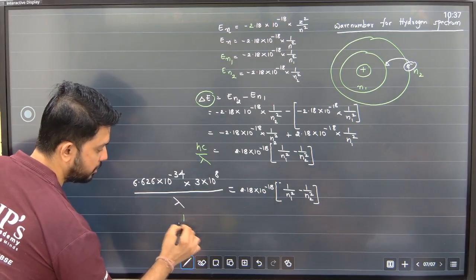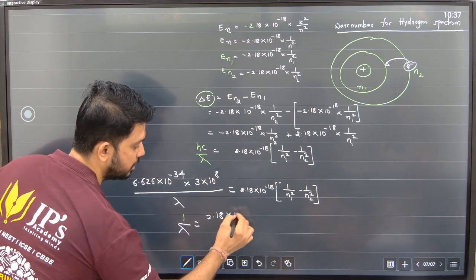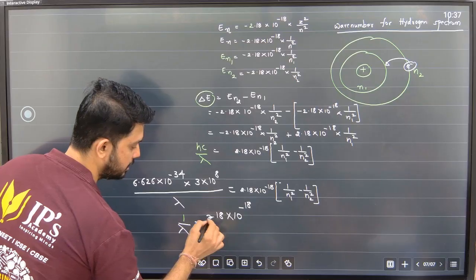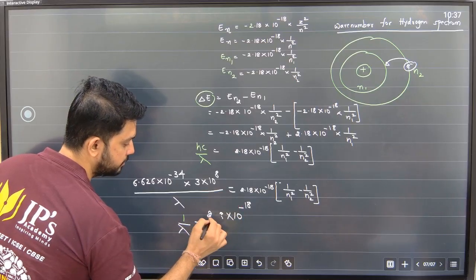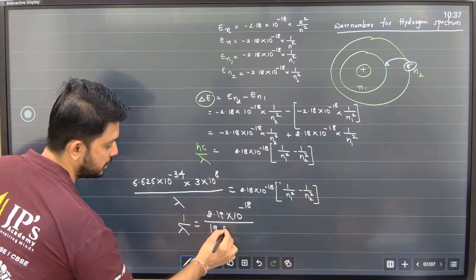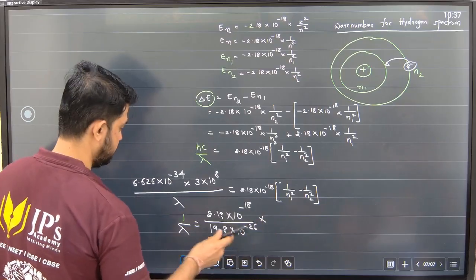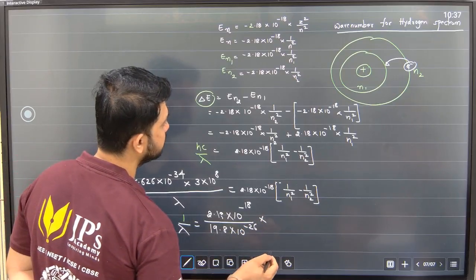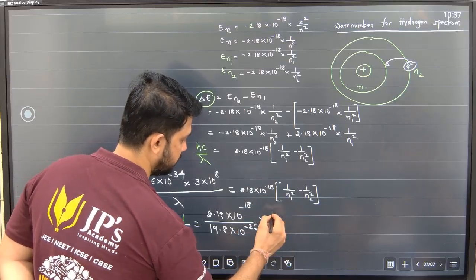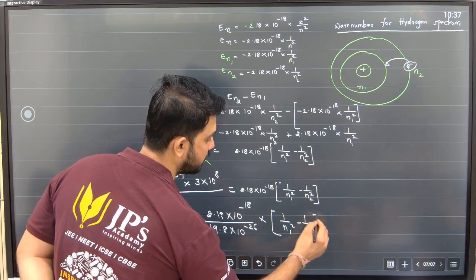What do you get for 1 upon lambda from here? 2.18 into 10 raised to minus 18 upon h into c. Multiplying this, how much did it come to?